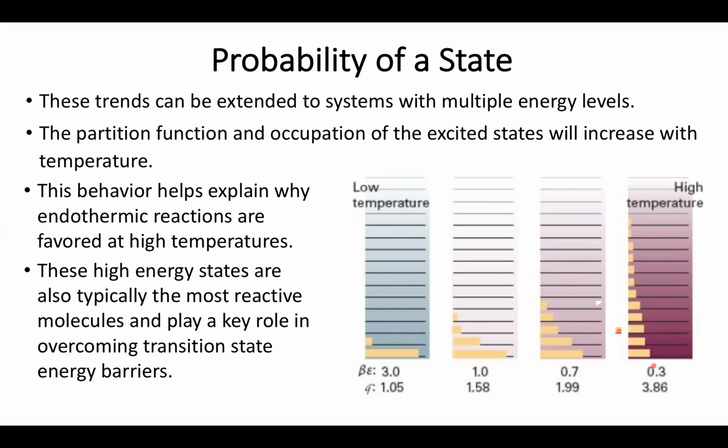But you reach this crucial point where your temperature is high enough that you're regularly having states occupy energy levels higher than that transition state. So they can proceed past that transition state, driving the reaction forward. So this is what really, at a molecular level, drives high temperatures pushing all reactions forward, because everybody starts occupying high energy states. So every reaction will go faster.